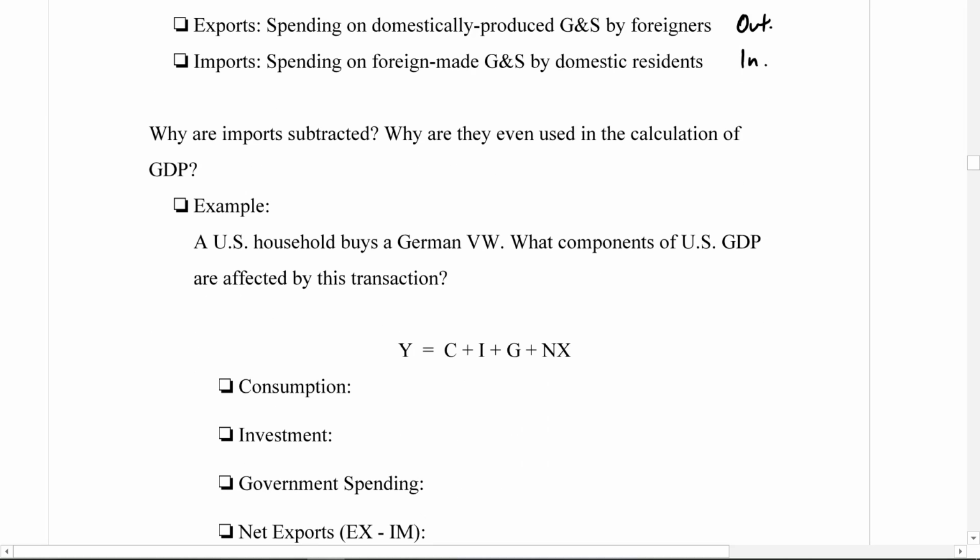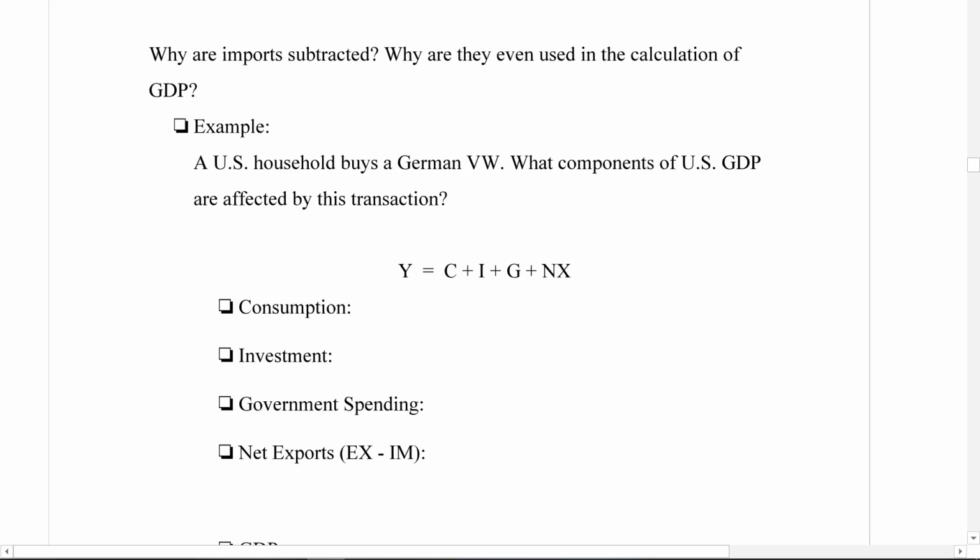So what's going to happen here in our GDP calculation? Well, net exports is going to go down. Right? Because we imported something. If we have EX minus IM, let's say net exports is equal to EX minus IM.